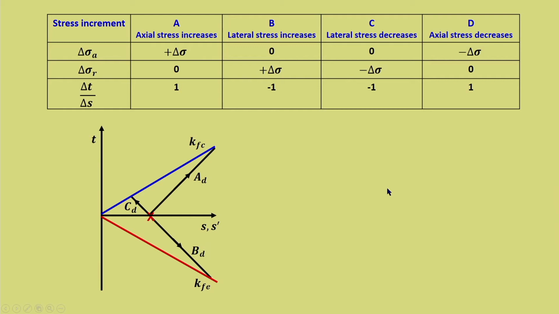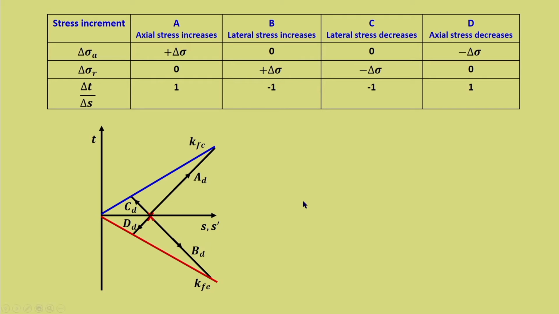And the last case D is towards extension. Why? Because it is a case of decrease in axial stress. So, that represents DD, and all the 4 cases were discussed in detail when we discussed triaxial testing.